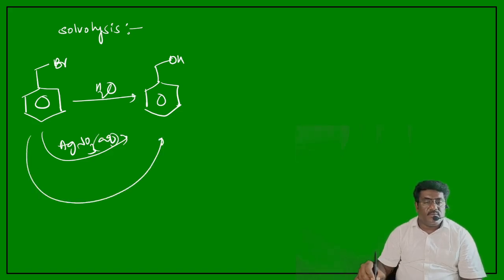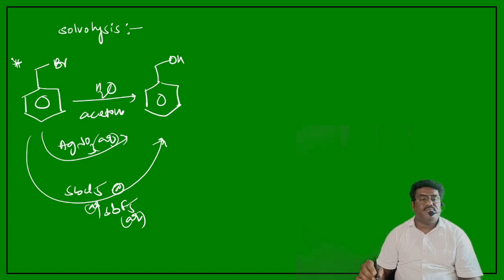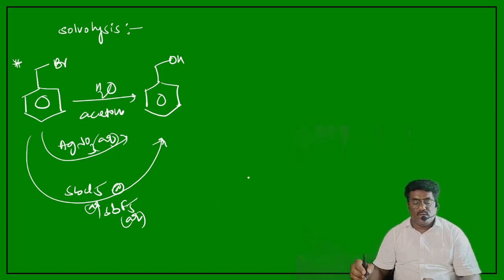In presence of SbCl5 or SbF5 in aqueous medium, H2O in acetone, silver nitrate aqueous, SbCl5, SbF5, it gives the product. Have a look at the reagents, type of product and type of reaction. Let's move on.